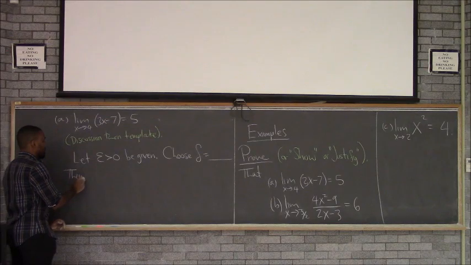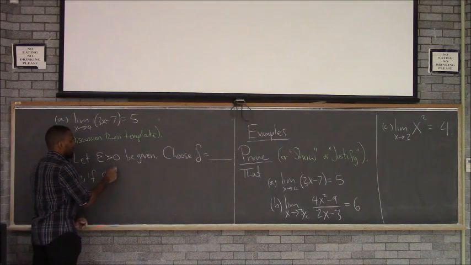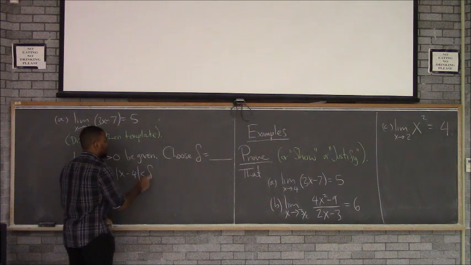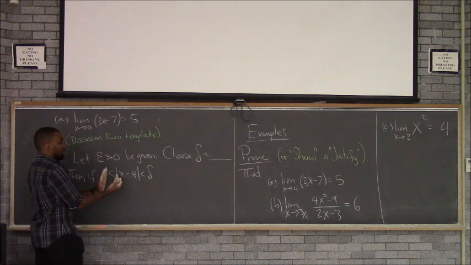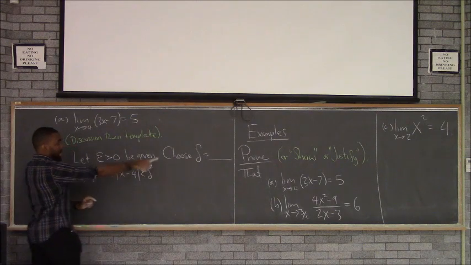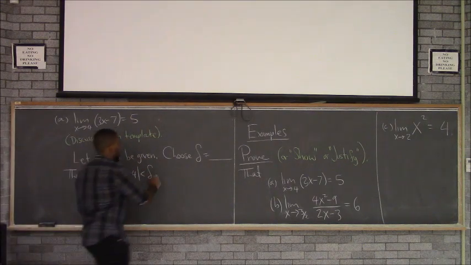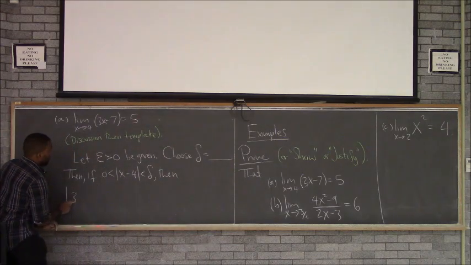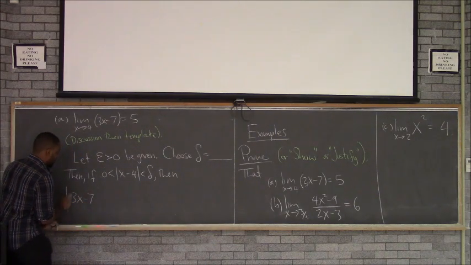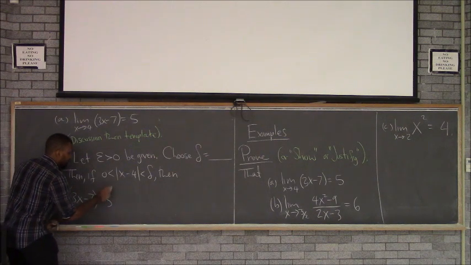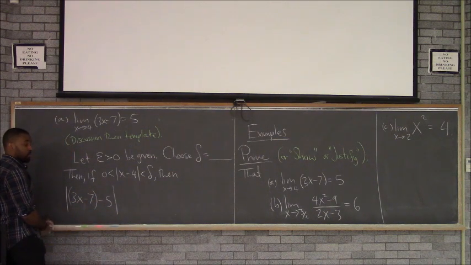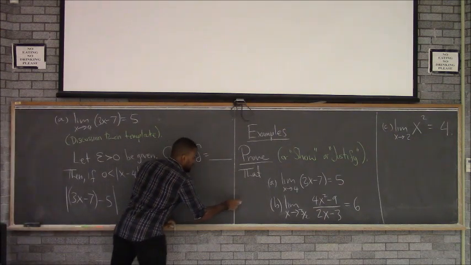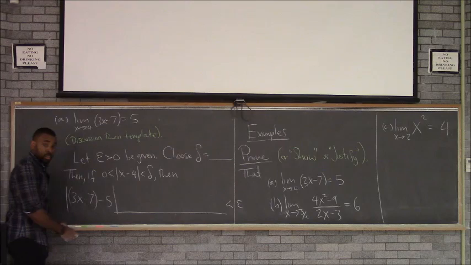Then, if the absolute value of x minus 4 is less than delta, if I get the distance between x and 4 to be less than that number that I'm going to tell you, then your function 3x minus 7, minus 5, the distance between those two values is going to be ultimately less than epsilon. Now, this is stuff I'm going to have to fill in here.